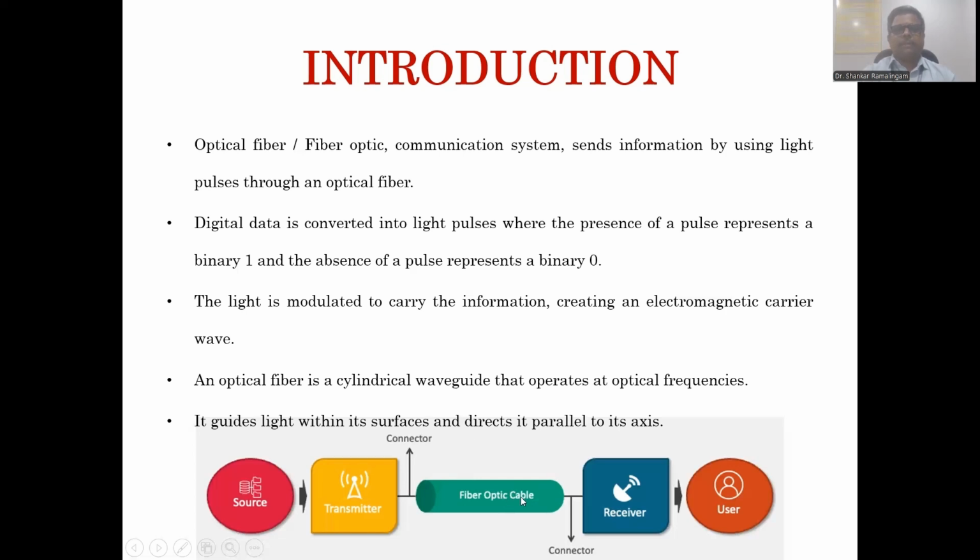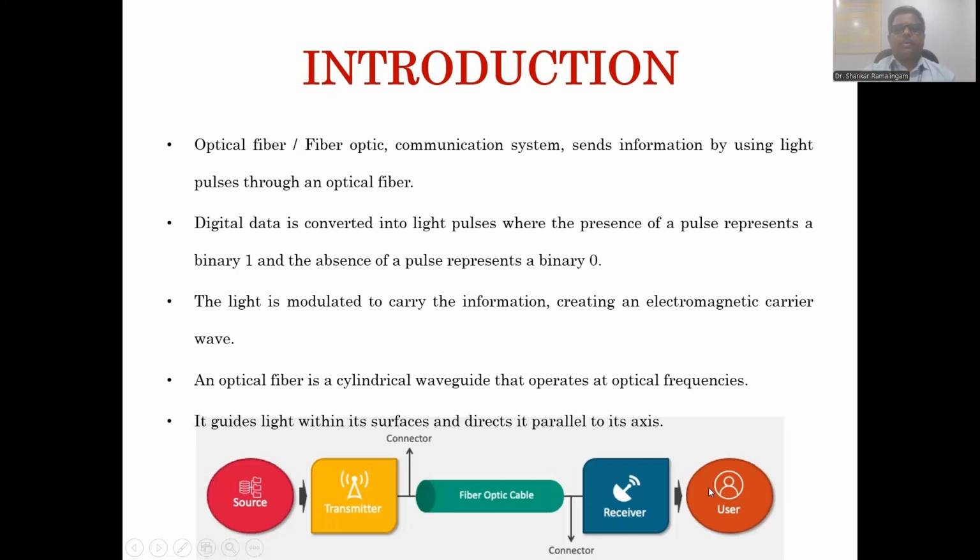This optical fiber cable is going to be connected to both our transmitter at the sender side and receiver at the receiver side. In this way, our optical fiber cable or fiber optic cable, which is the medium that is connecting our transmitter and receiver, is responsible for taking our signal from source to the destination or the user intended to.